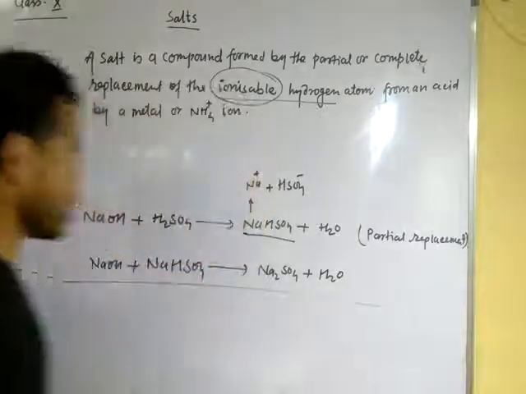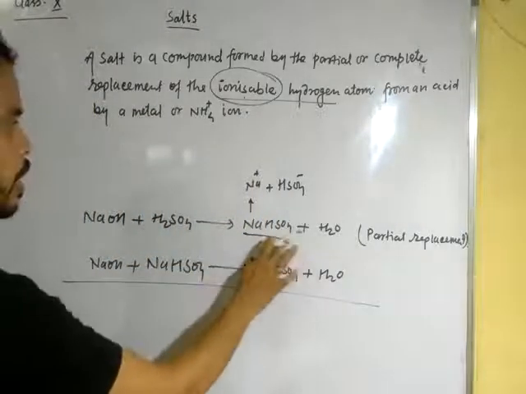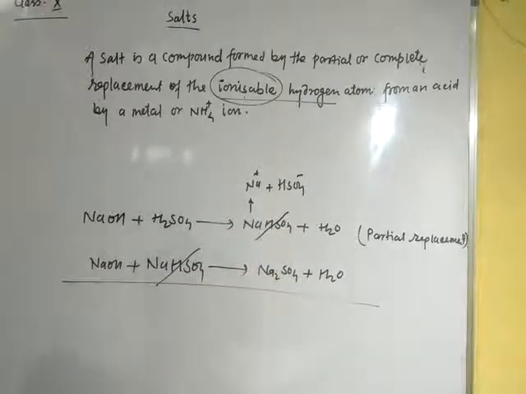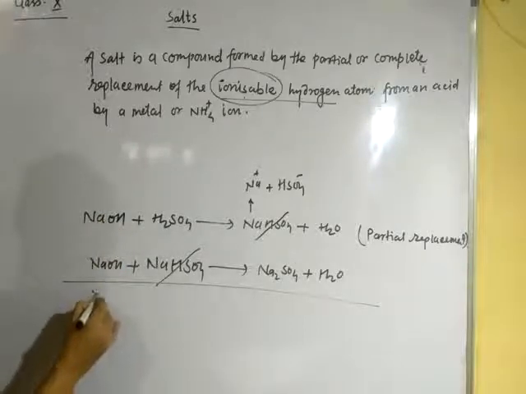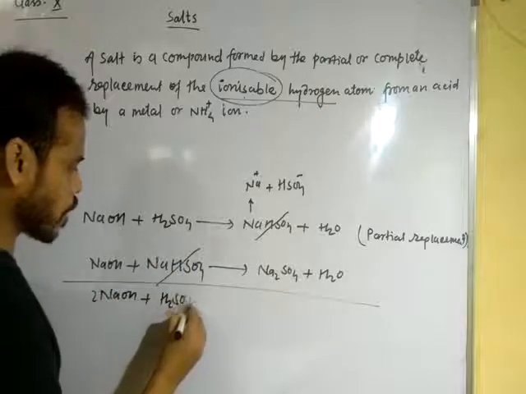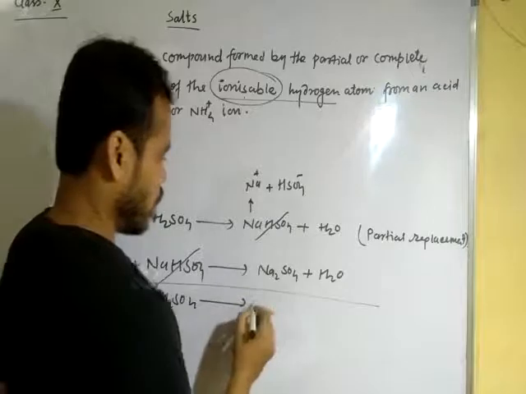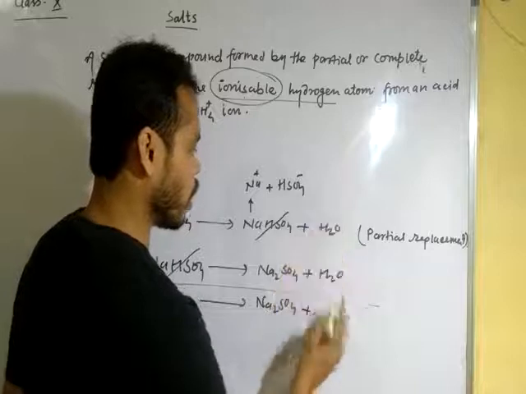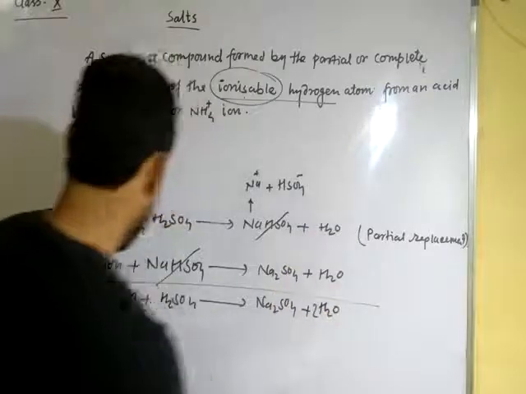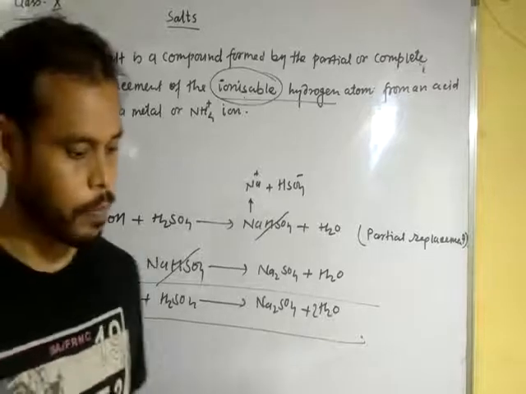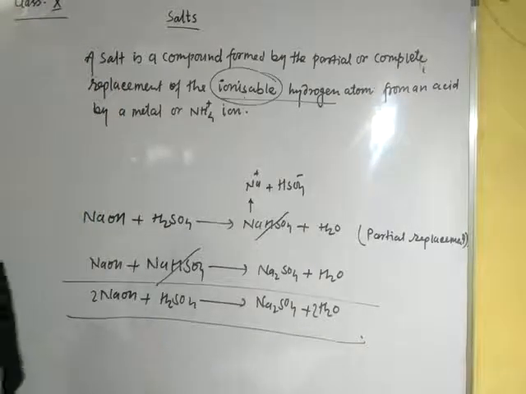Now you can balance this reaction: the common term on both sides, sodium bisulfate, cancel it. Add twice NaOH plus H2SO4, one molecule of sulfuric acid, and here one molecule of sodium sulfate and two molecules of H2O. This is the complete reaction. Clear, dear student? A very important reaction.